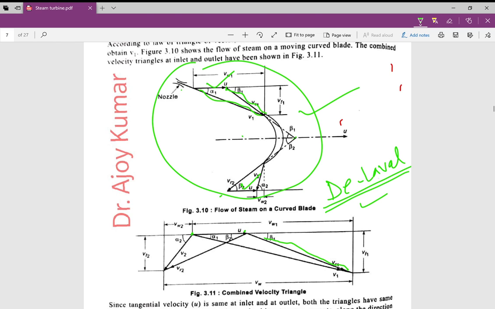V1 also is drawn here, right? This V1 is coming from your nozzle, this one, right? This part is your nozzle as is shown over here.